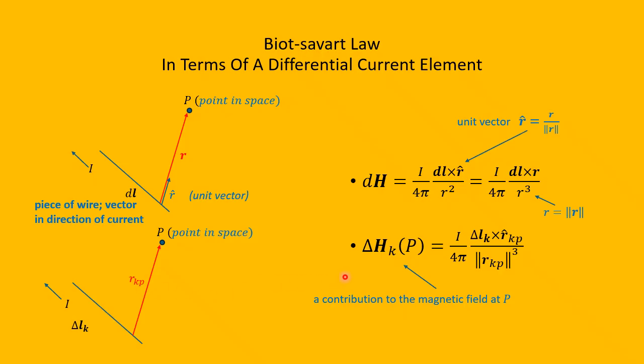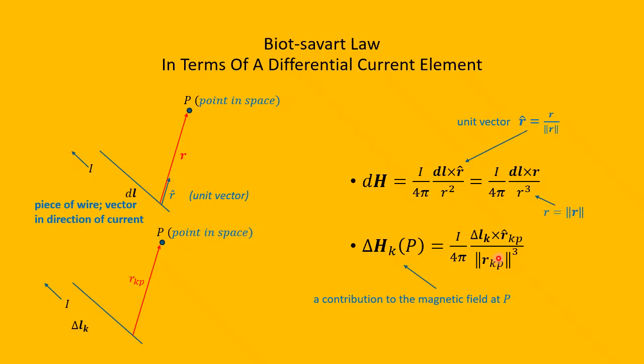So instead of dH, we get delta H sub k, the contribution to H for this kth little piece of wire at the point P, which is I over 4 pi, delta L sub k cross R hat sub kp, divided by the norm of R sub kp cubed.